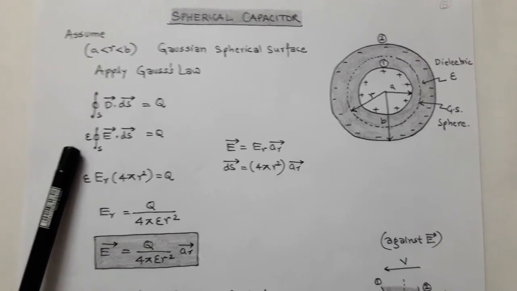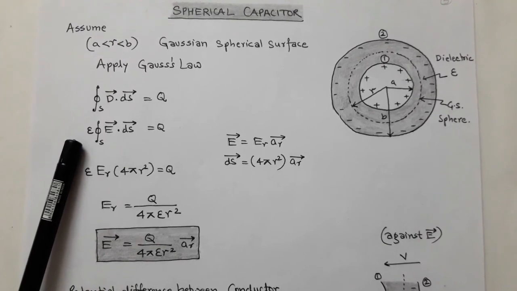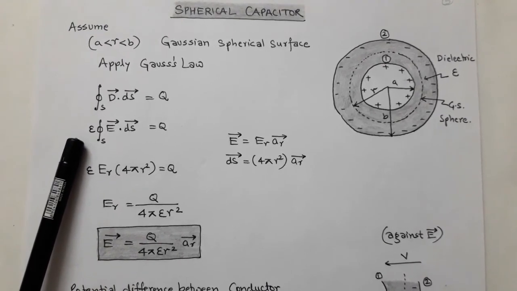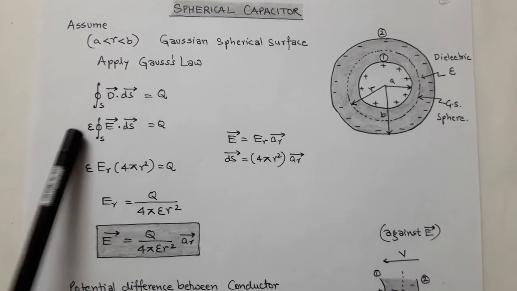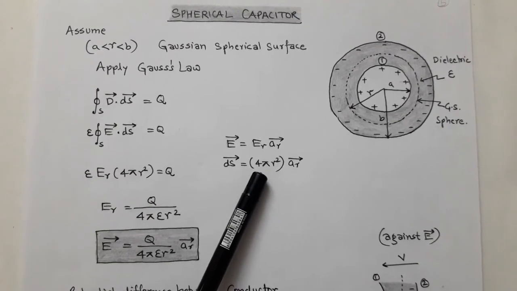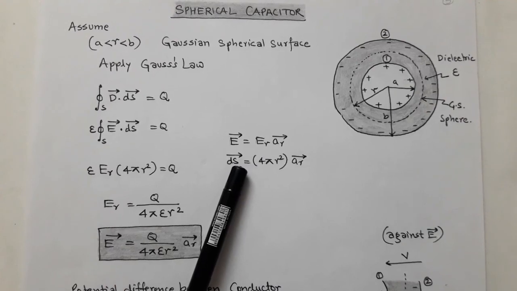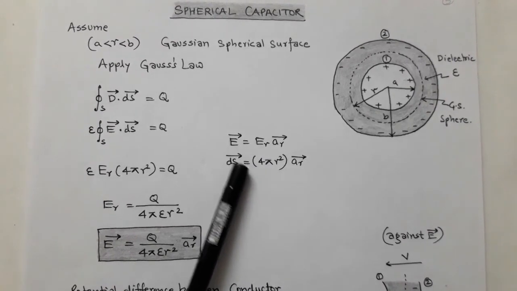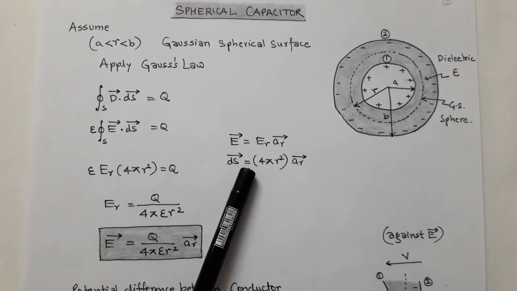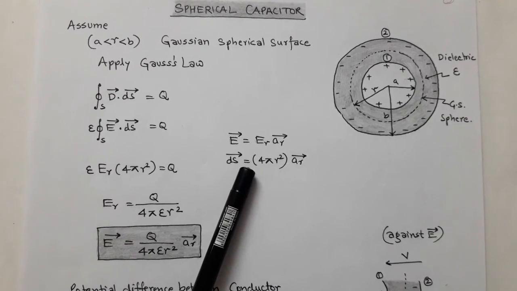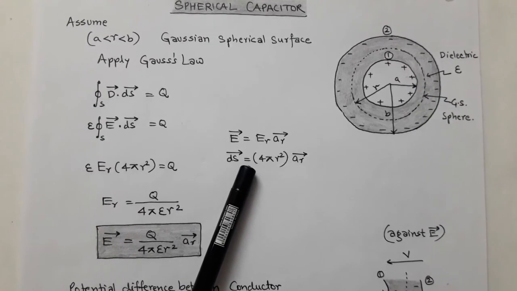Now we have to determine the dot product of the E vector and the dS vector. This is a spherical symmetry, so the electric field is radially outward. The electric field intensity E has only an r component, so it can be written as E_r unit vector r.